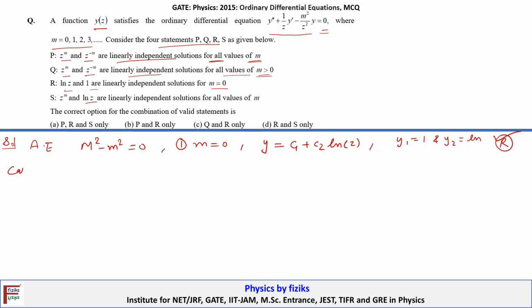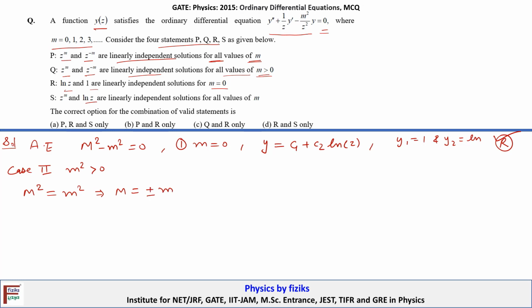Now in the second case, if we consider m squared is positive and of course not equal to 0, then we obtain capital M squared is equal to small m squared, and from here M is equal to plus or minus m.